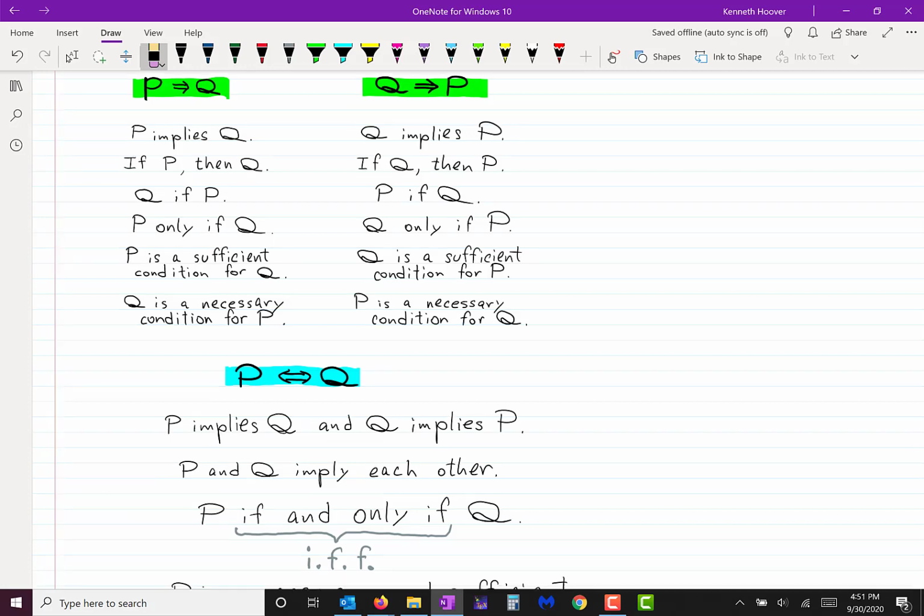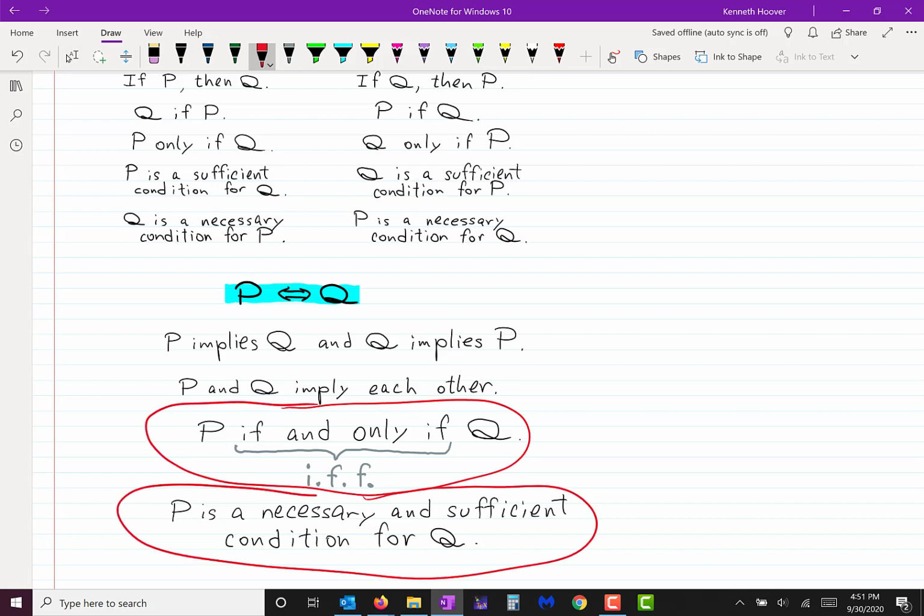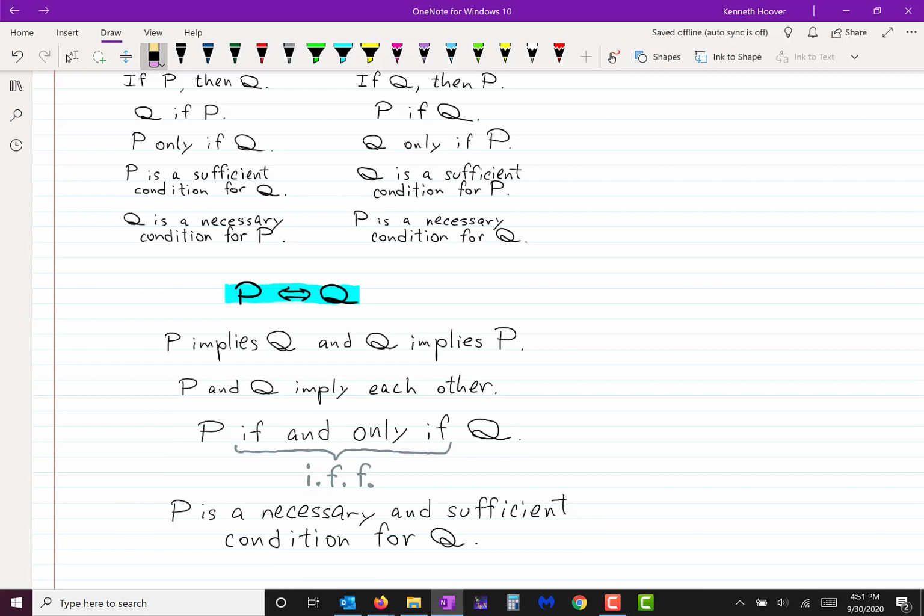And there's 4 common ways for reading a biconditional statement. The easiest for biconditionals is to write it this way and use the IFF abbreviation, and the fanciest is to say this. Okay, now that's going to help you in your homework for section 2.4. And that's all I want to do today, even though that was a short lecture.